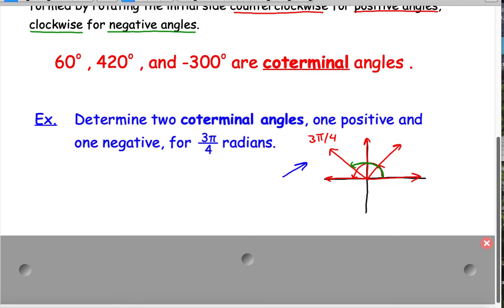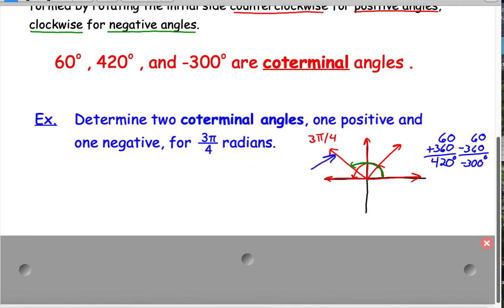Let's jot that down. So when I had 60 degrees, if I added 360, that's one more full circle around, I got to 420, and that was the same angle. And if I subtracted 360, or a full circle, I got negative 300. So those were all coterminal angles. So I want to do the same idea for any of these types of problems.